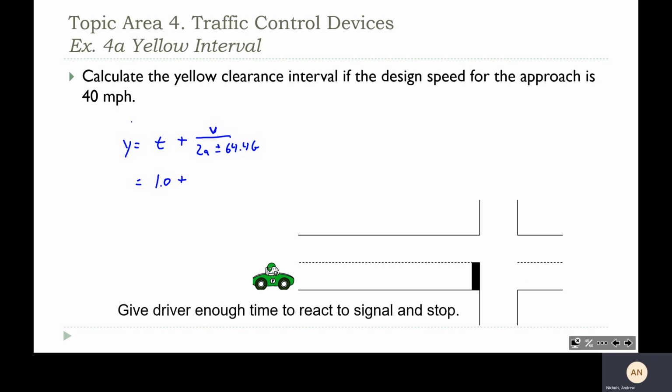So how do we convert speed in miles per hour to feet per second? It's the same factor that was built into the stopping sight distance equation. So we've got 1.47. That converts miles per hour to feet per second. Our deceleration is 11.2. And we don't have any information about a grade, so we can ignore that.